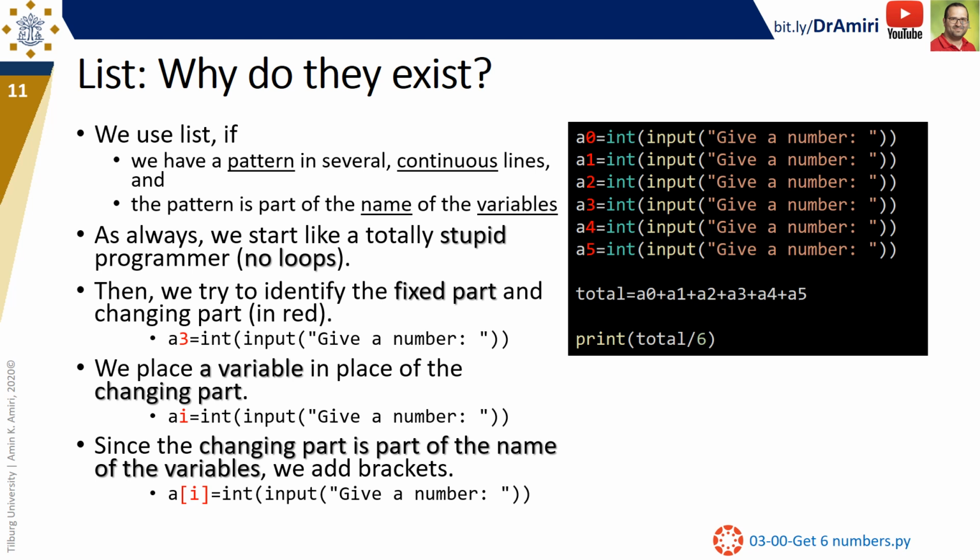Then we try to identify the fixed parts and the changing parts, the red parts. Here you see that the red parts are part of the name of the variables. So we have to replace those red parts with a variable name like I. That's what we learned in the previous lectures. But because they are part of the variable names, all of them will turn into AI, AI, AI, AI, AI.